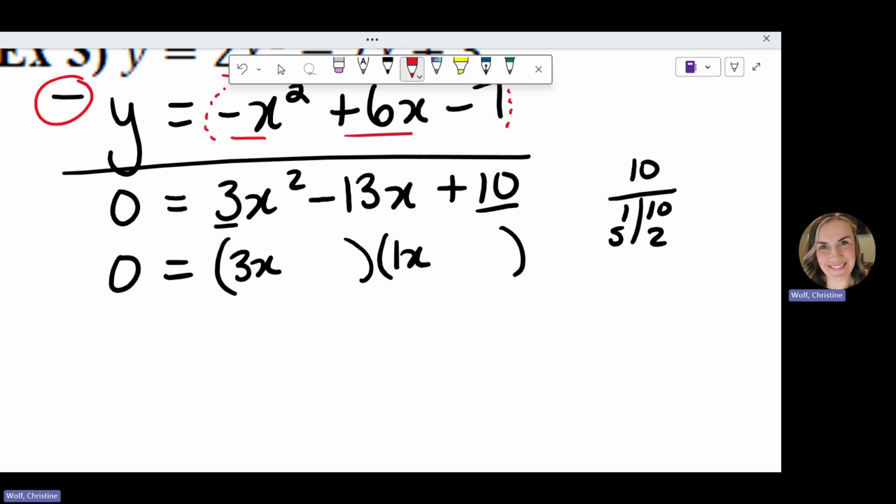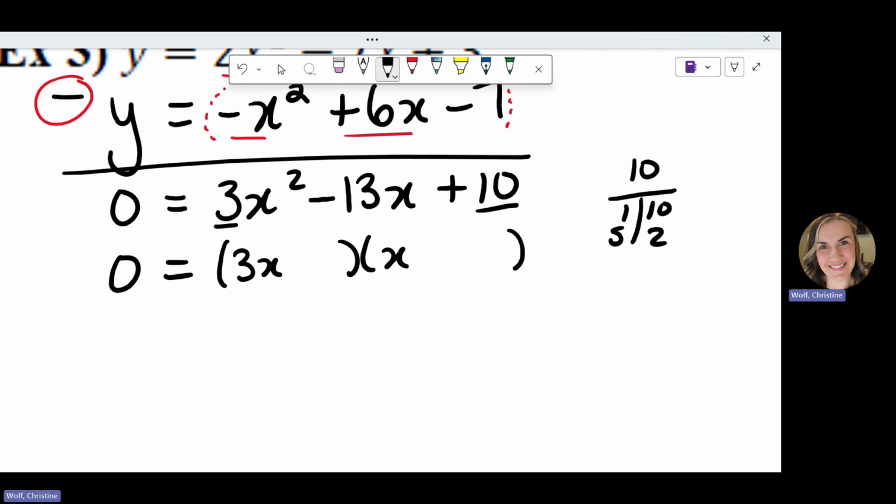And I actually want to show you something very interesting. If we put the 5 here and the 2 here, a lot of students think they've nailed it. Sorry, I put those in the wrong spot. That one doesn't work. I'm thinking of the other one. 3x, x.